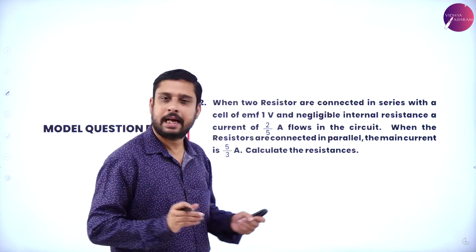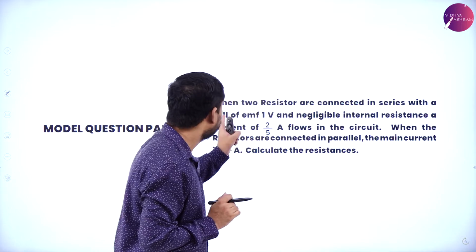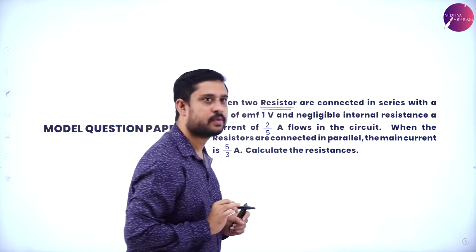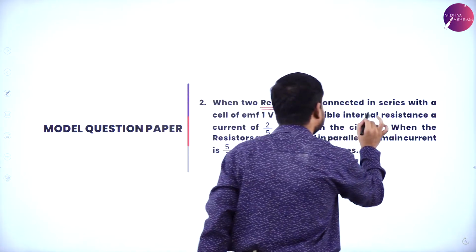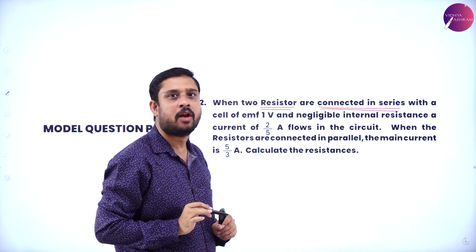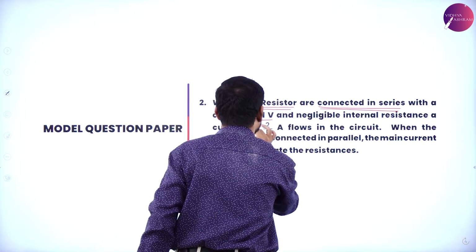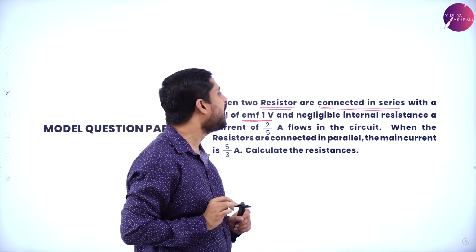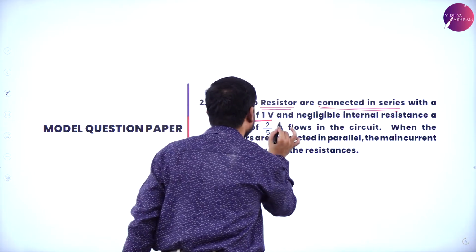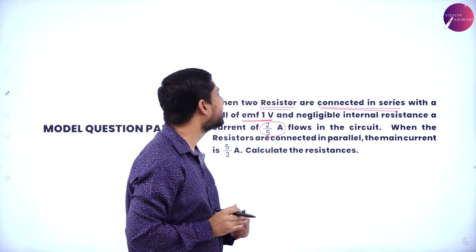The next problem, again very much done in my previous session. When two resistors are connected in series with a cell of EMF 1 volt and negligible internal resistance, a current of 2 by 5 ampere flows in the circuit.